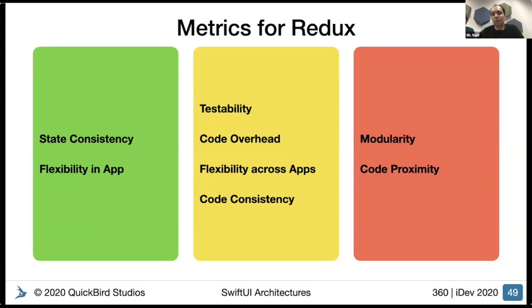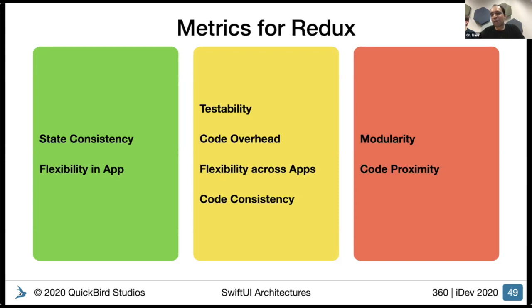Now the yellow parts, like testability, can go both into the green as well as the red. If you want to test this reducer or the state machine or maybe the whole app, I think it's easier, because even if you test just this reducer or the store, you have tested almost all of the business logic.